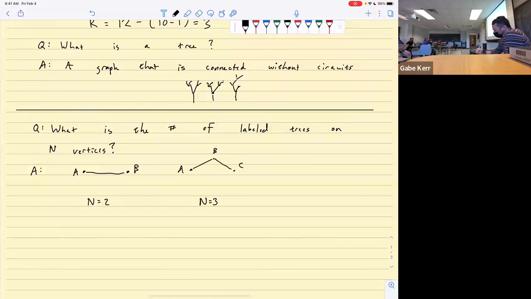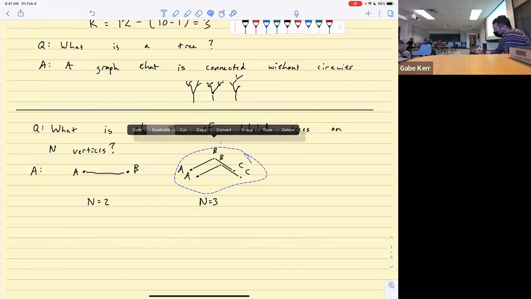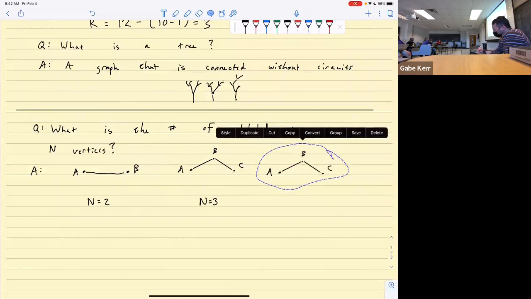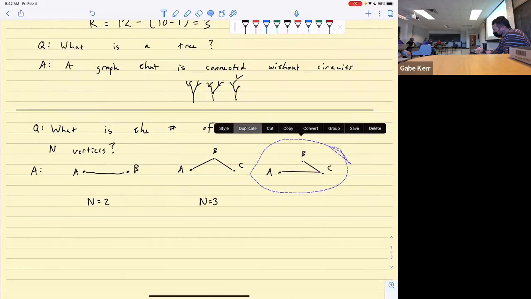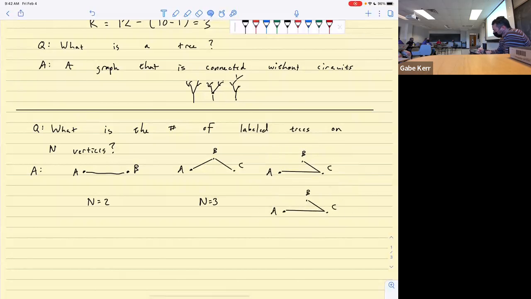I can do that, or we could do that, right? Or we could do this. And that's it. Here we get 3. So for n equaling 2, there's 1. N equaling 3, there's 3.